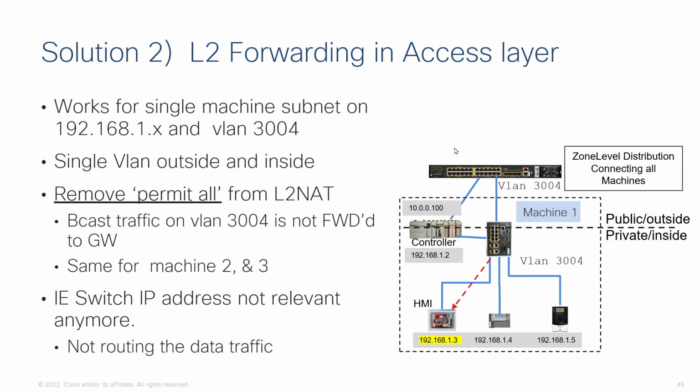The big difference when you see the configuration is you cannot have a permit all in your layer 2 NAT instance definition. This will block the broadcast that we saw earlier. And we're not really going to show much about the routing anymore, and so the switch's IP address is not that relevant because it's no longer involved in any of the forwarding. So it's all layer 2.